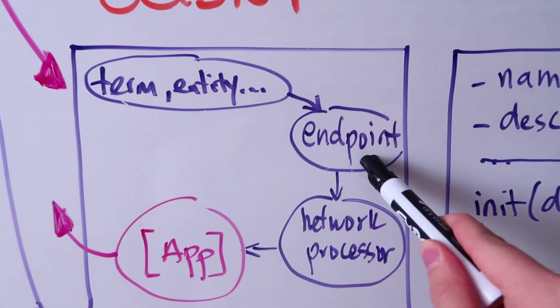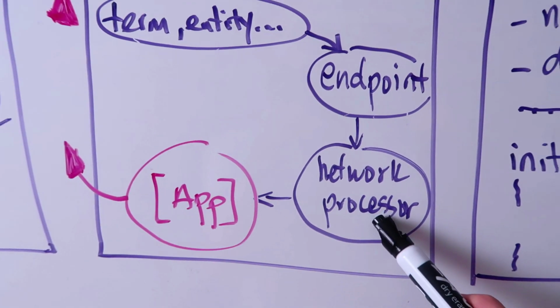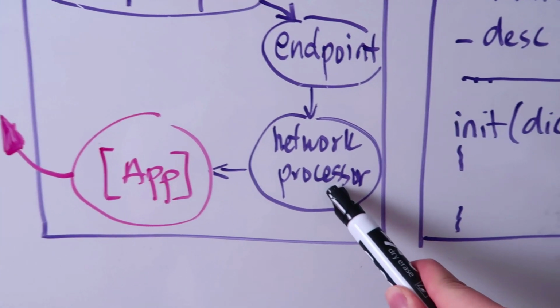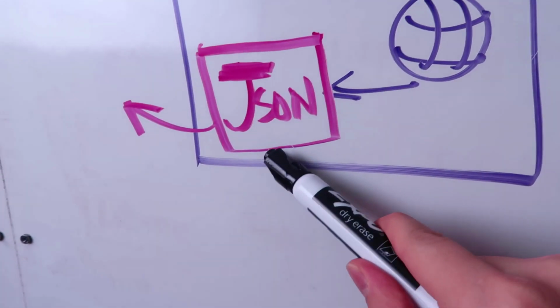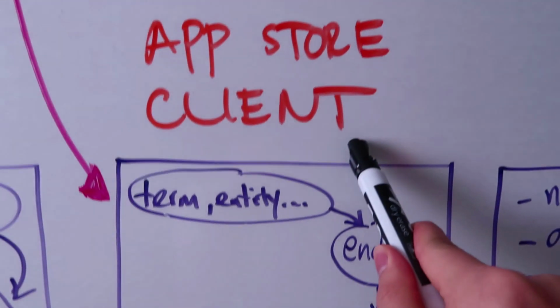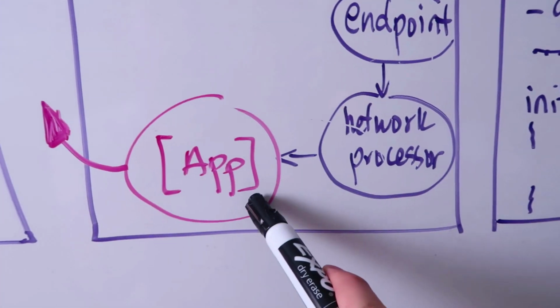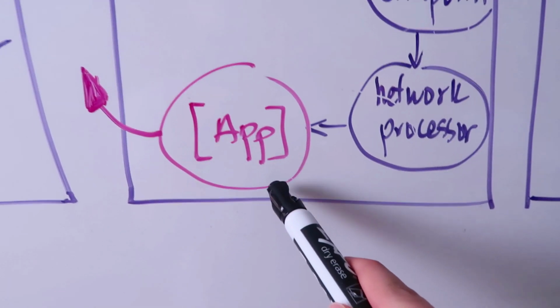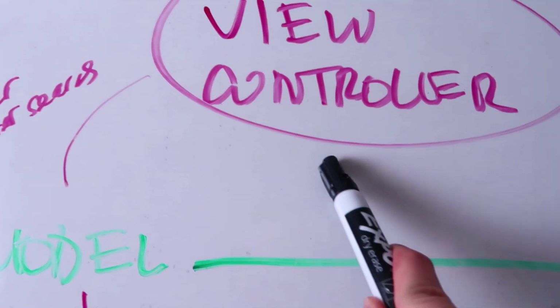After it gets the URL, it feeds it into another instance of the network processor. And this network processor gives us some JSON, right? Now the job of this App Store client is to turn that into an array of apps, which will then be returned back to our view controller.